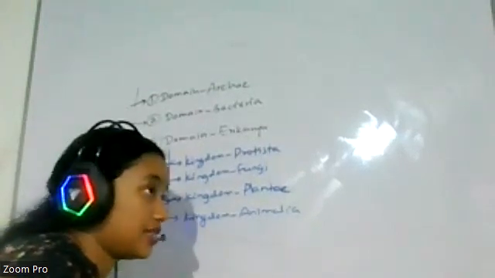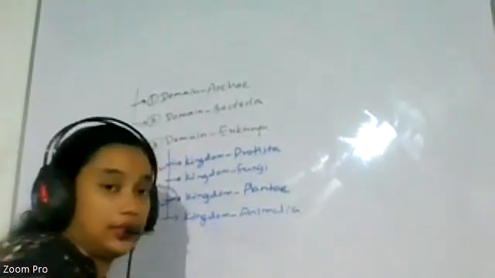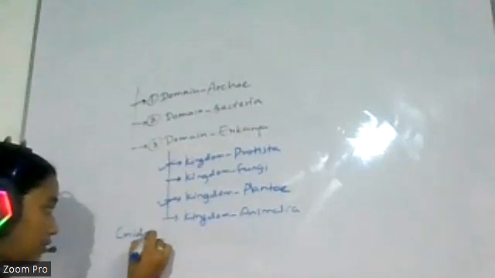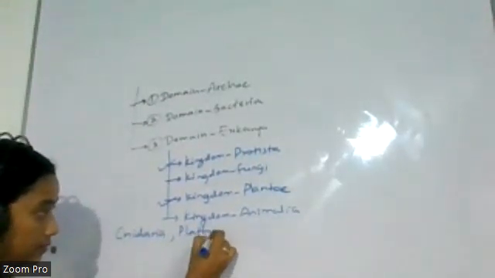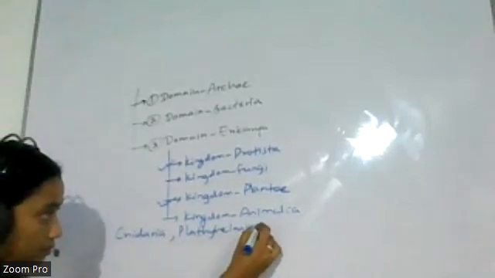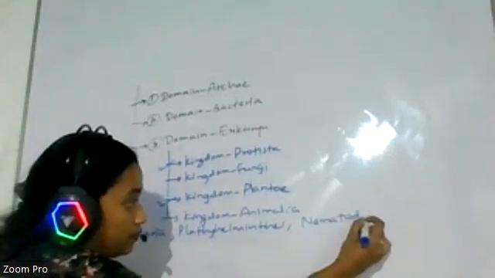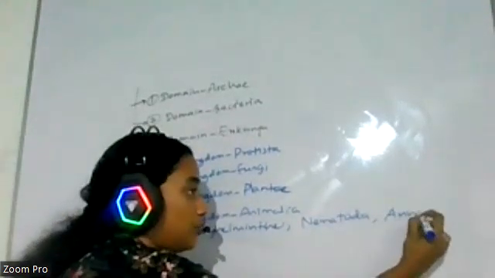we have discussed some of the phyla. What are the phyla? Phylum Cnidaria. Under kingdom Animalia, we finished Cnidaria. Then Platyhelminthes. Then Nematoda. We finished Nematoda. Annelida also finished.